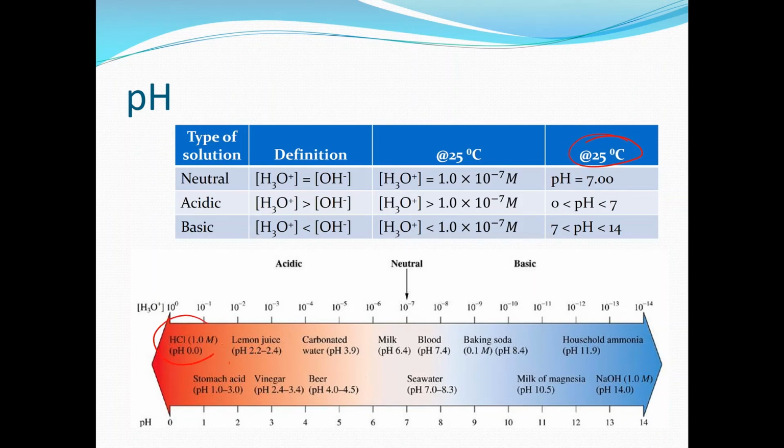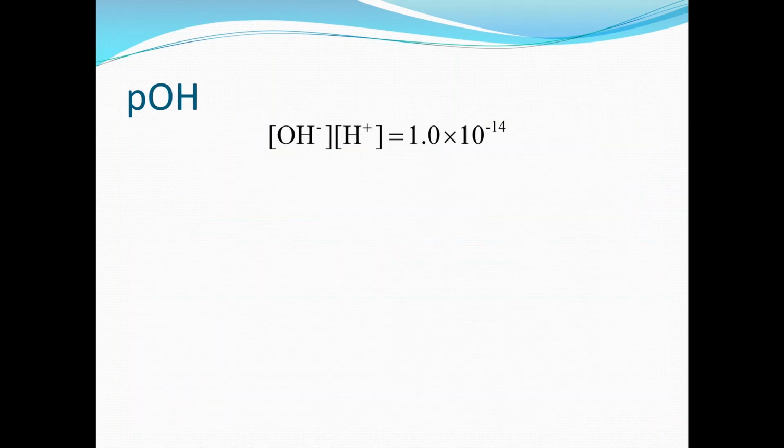You'll notice hydrochloric acid, if we have 1 molar hydrochloric acid, if we calculate the pH for that, that's 0. So that's kind of our end of the scale that we're going to talk about here. If we go to the other end of the scale, we'd be talking about 1 molar sodium hydroxide, or any strong base for that matter. 1 molar strong base, we're going to have a pH of 14.